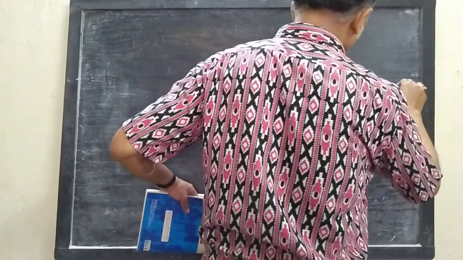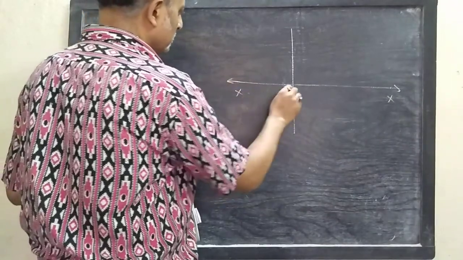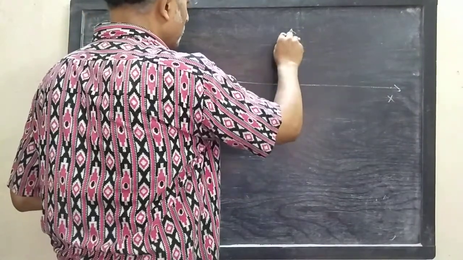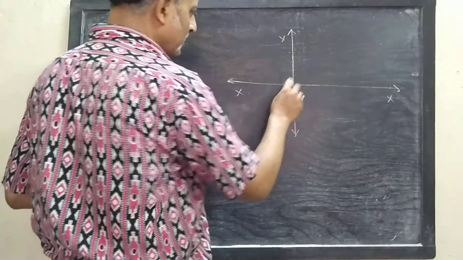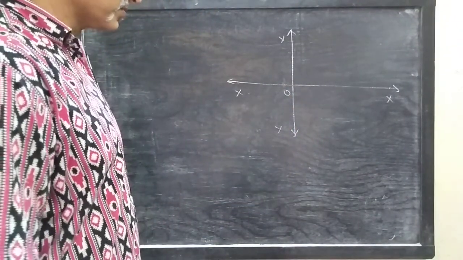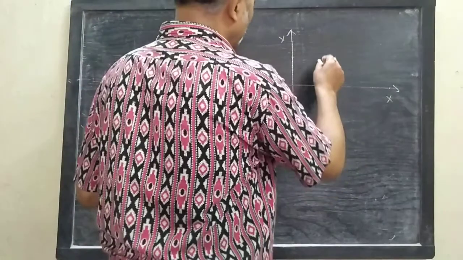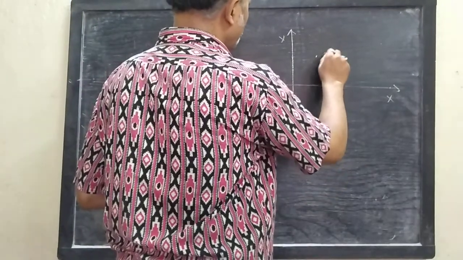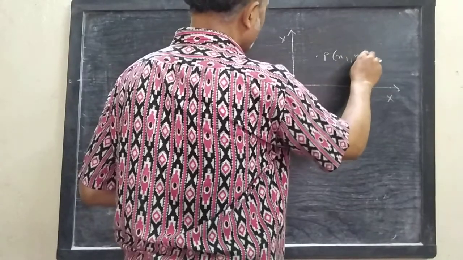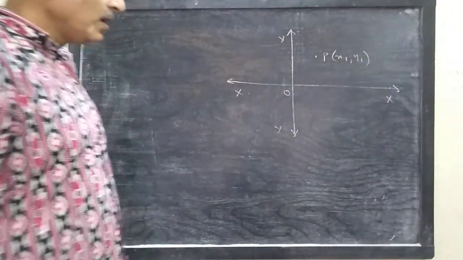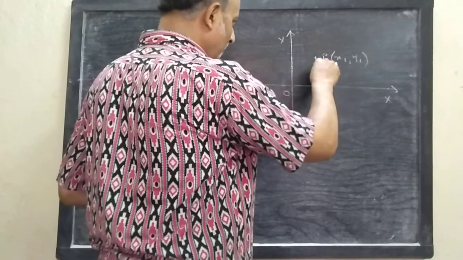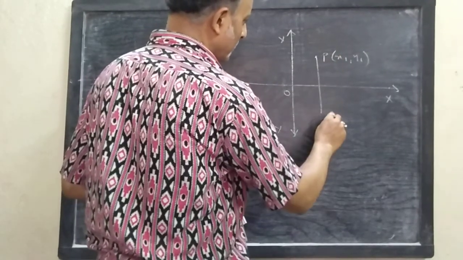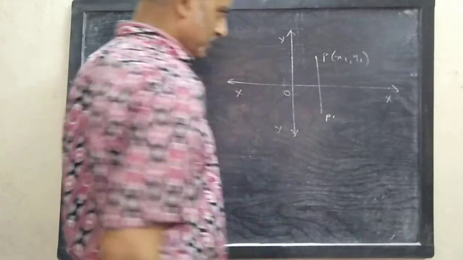This horizontal axis is known as the x-axis, and this vertical one is known as the y-axis, and their intersection point O is known as the origin. Let us consider a point P whose coordinates are x1, y1. Now, if we reflect this point in the x-axis, then our image will be formed at the point P dash.